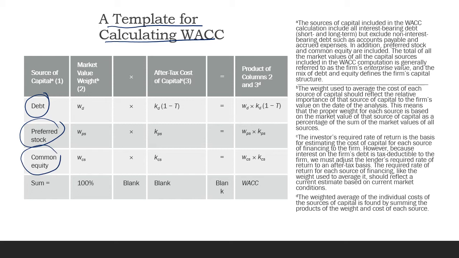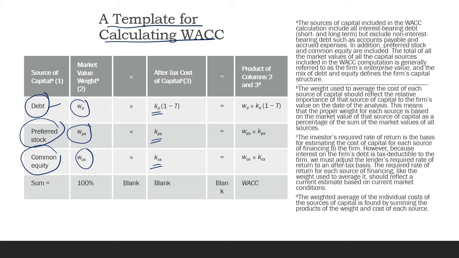We first calculate the weight of each component: W for debt, W for preferred stock, and W for common stock. Then you just multiply by its cost. In the case of debt, the cost is the coupon cost, here is the cost of the preferred stock, and this is the cost of common equity.